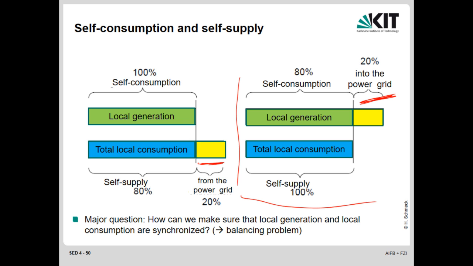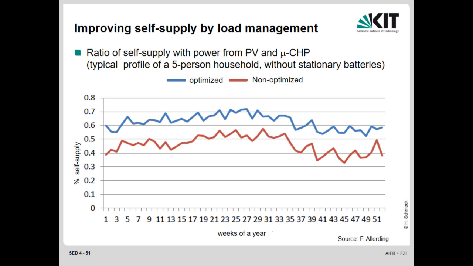If we can balance that out, this is what we would like to do, and for that we use the organic smart home architecture. We tested that on a lot of different scenarios, on real scenarios, on simulated scenarios, and what you can see here is the result of a simulation over all the weeks of a year.